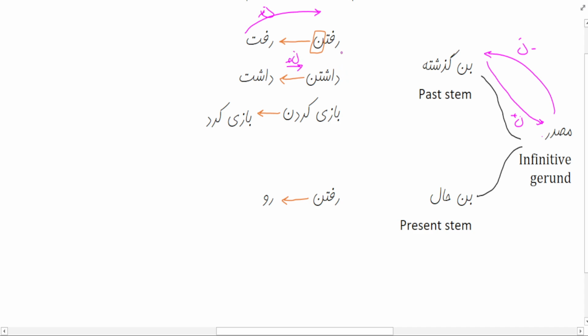See, easy. So basically, if I want to put it simple for you, you have two ways of dealing with this part of Persian grammar, which is fundamental, the most fundamental part of the Persian grammar in some sense.